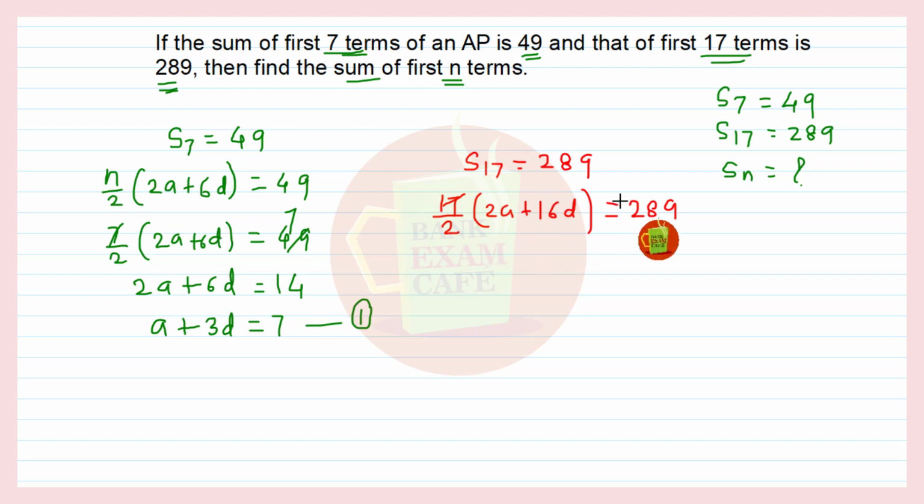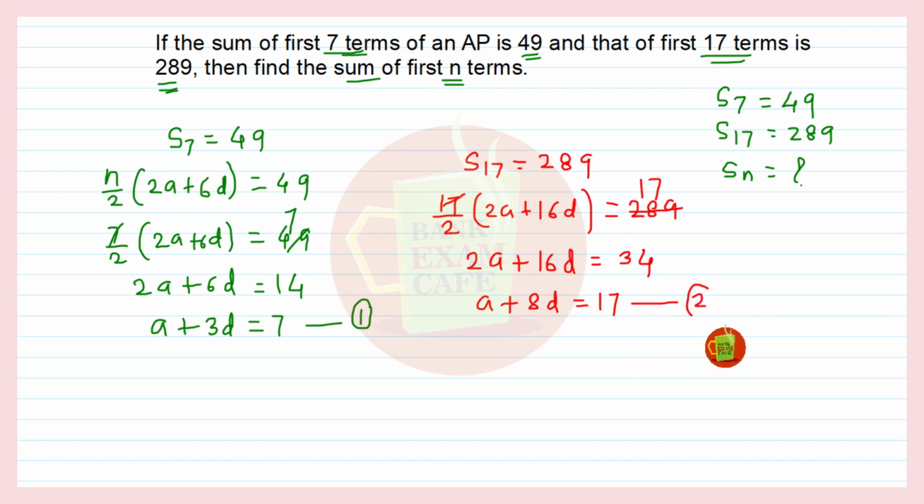Now 17 17s are 289, then take 2 to this side, so 2 17s are 34, so it will be 2a plus 16d, which is equal to 34. Divide by 2 throughout the equation, so it will be a plus 8d, which is equal to 17. And so let this equation be number 2.